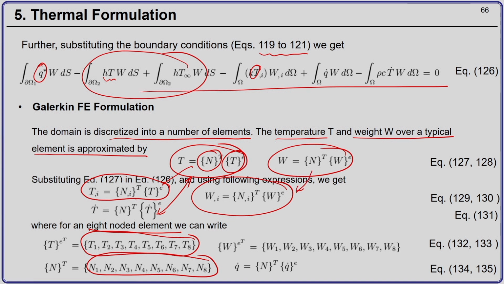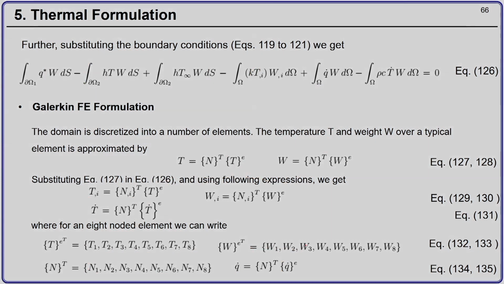Now, the heat generation per unit volume, per unit time can be written in terms of the heat generation at the nodes, by the usual kind of discretization.